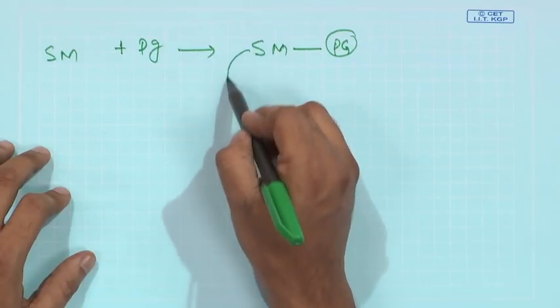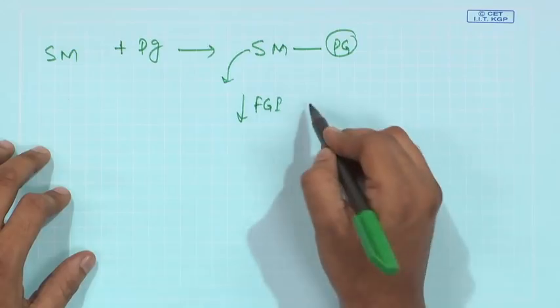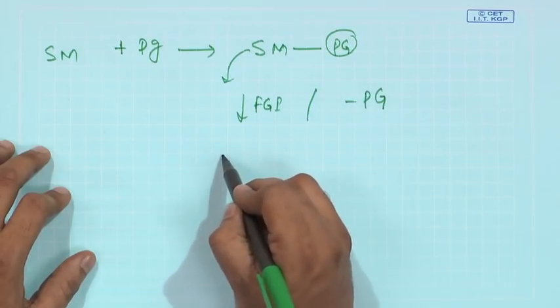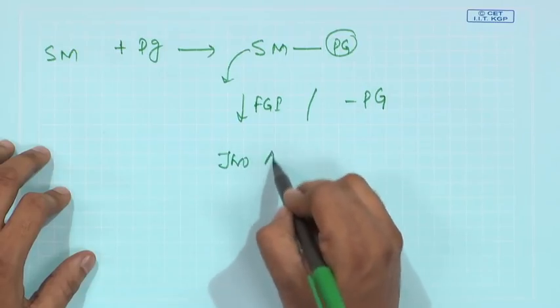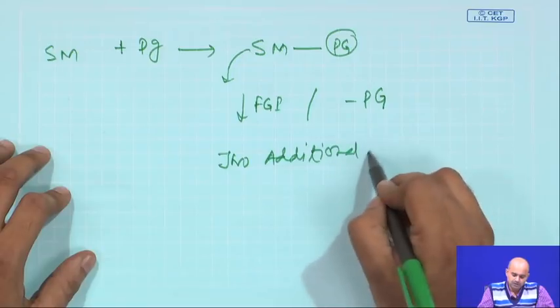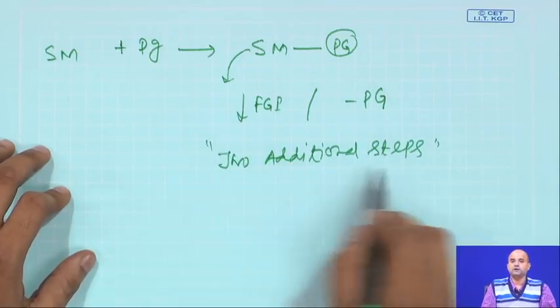Then you do some reactions here, do some FGI, and then finally you have to remove the protecting group. So, two additional steps are often required whenever a protecting group is used in your retrosynthetic pathway.